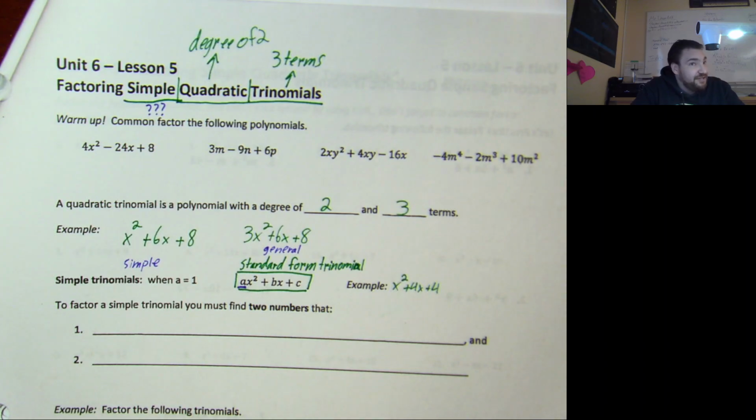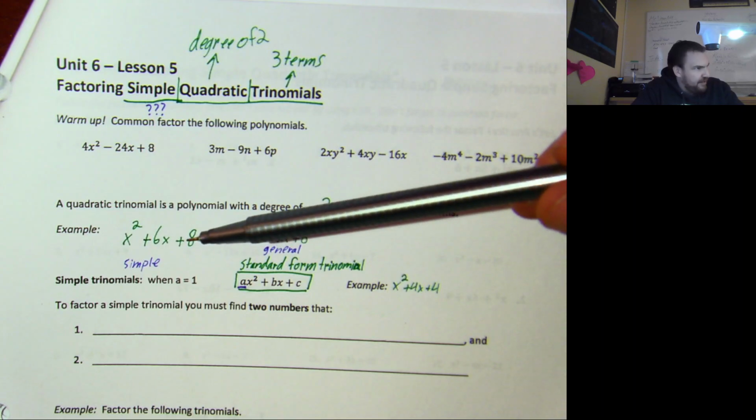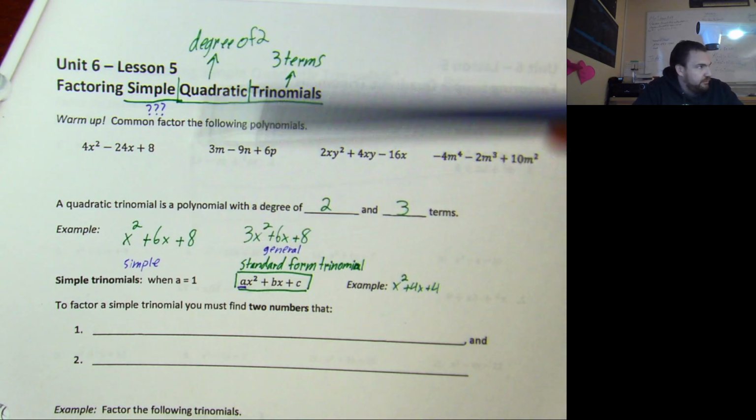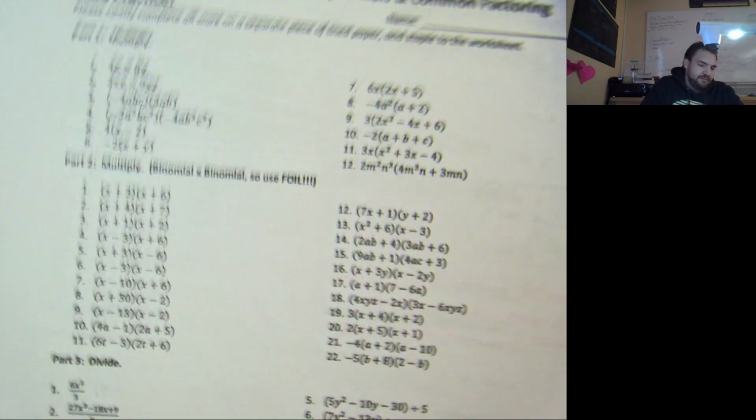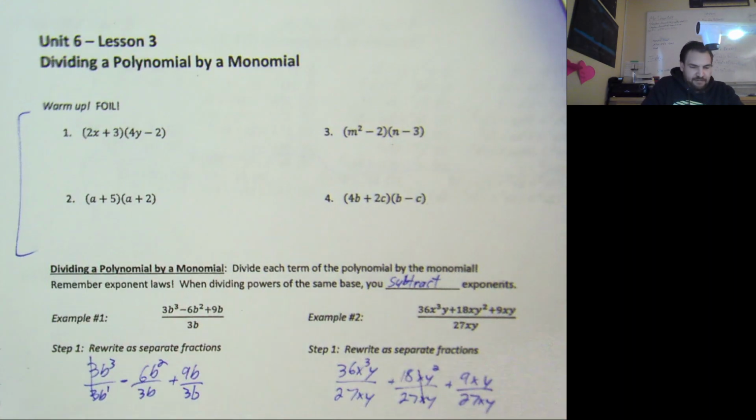Because now we want to try to factor these things, right? So if we're trying to factor these things, we need to figure out what do I multiply together to give me something that looks like this? Have we seen something like this before? Perhaps in this chapter, maybe a couple days ago?